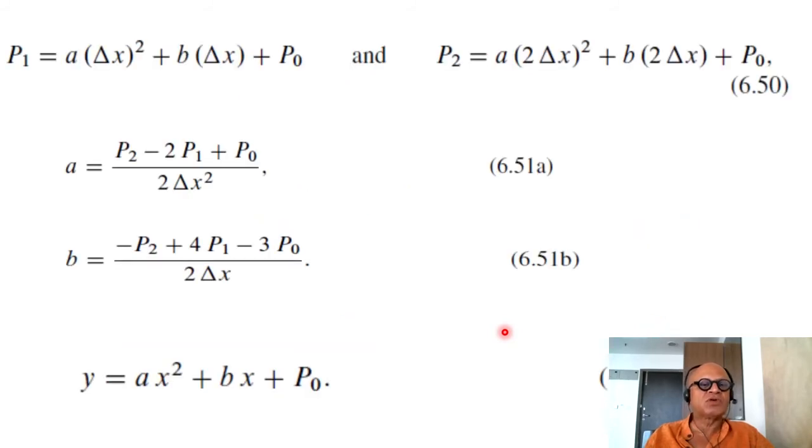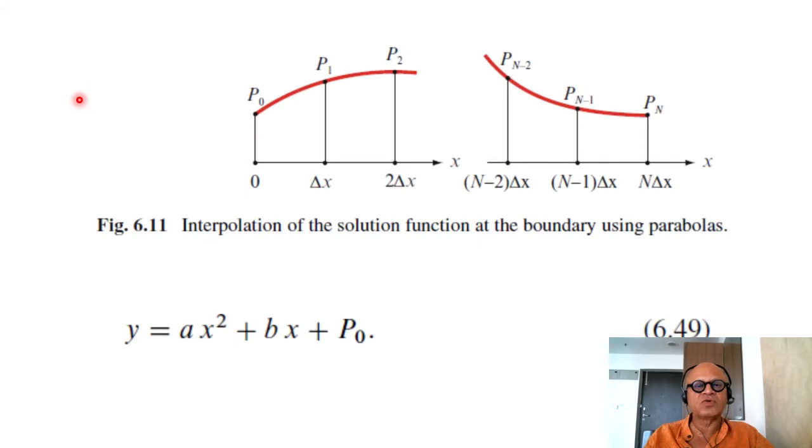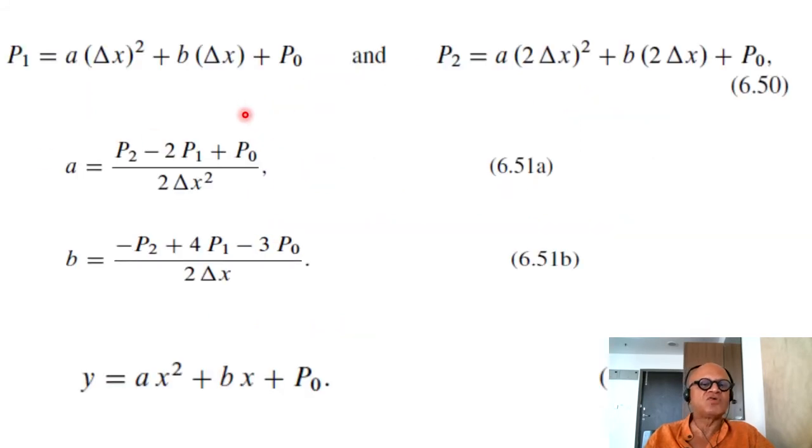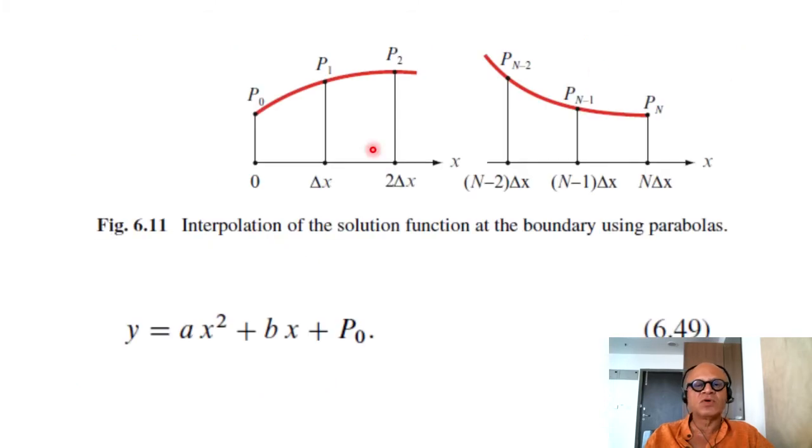So how do we do it? You write P1, so you are at P1 and P2 and looking for P0. So P1 is A delta x squared plus B delta x plus P0, and P2 is A times (2 delta x) squared plus B times 2 delta x plus P0. So P0 is not known, and of course P1 and P2 are also not known.